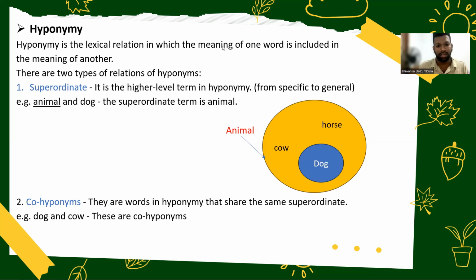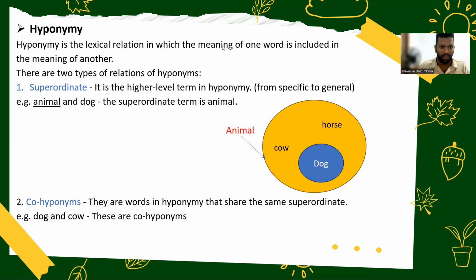When we arrange the words from specific to general, the more general word is called the superordinate. For example, animal and dog. Dog is a subset of the word animal. So animal here is the superordinate.